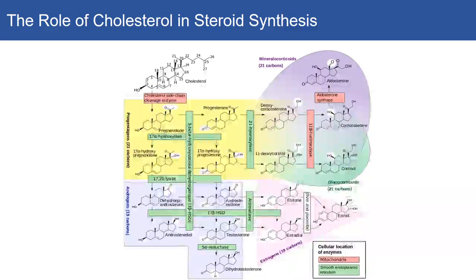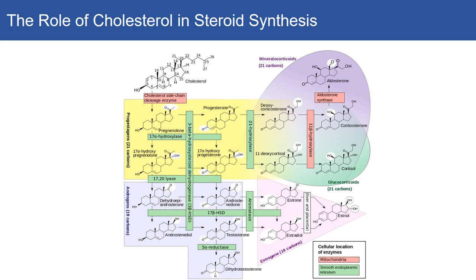So the role of cholesterol then is we branch out and we start getting into all of the other steroid classes. We talked about all the different steroid classes, and here is where you're going to see from cholesterol how everything gets built. So from cholesterol we get into the progesterone classes, and from the progesterone classes we can get into the androgens and the estrogens, and then we can also go from the progesterone into the mineralocorticoids.